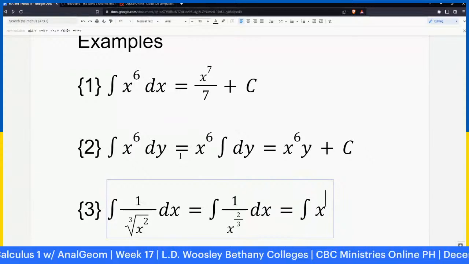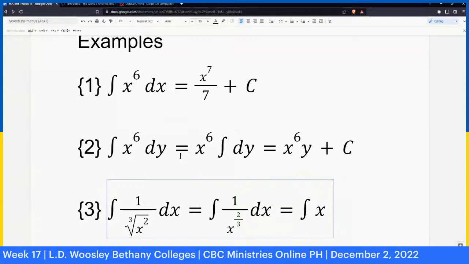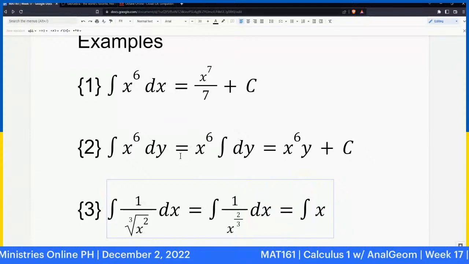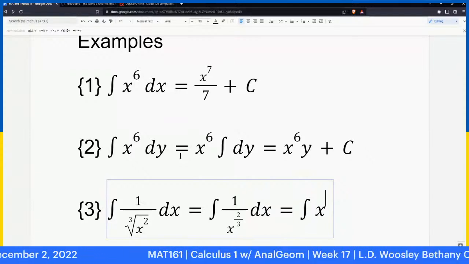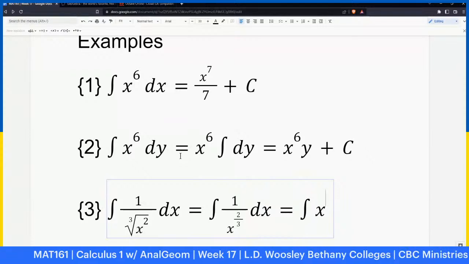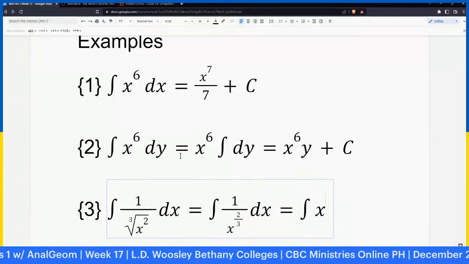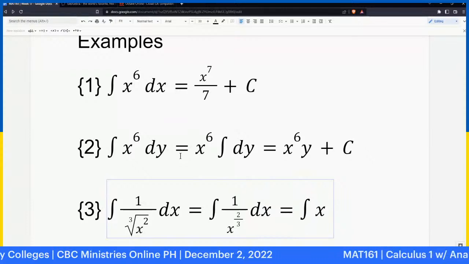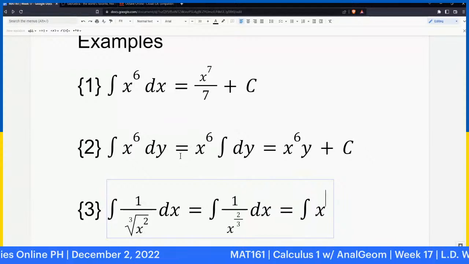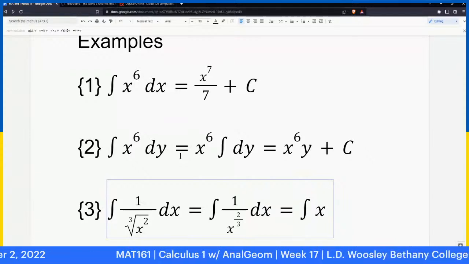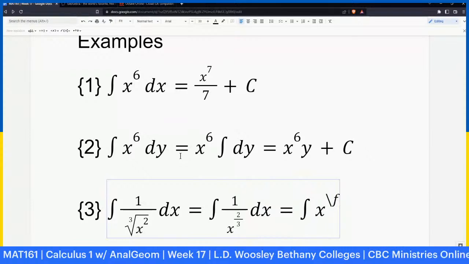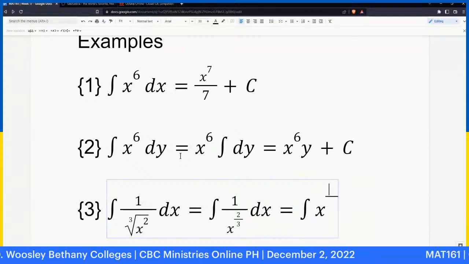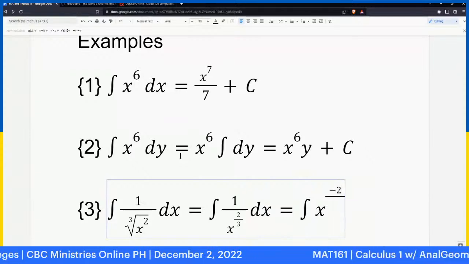Sa numerator ay ano? Magiging 1 raised to the power negative 2/3 po. Okay. Negative 2/3 lang. Kasi nag-reciprocal ka lang naman, Noraline. Okay po, sir. Oo. Kaya lang, dadalhin niyo yung negative kasi nga, galing ng denominator.